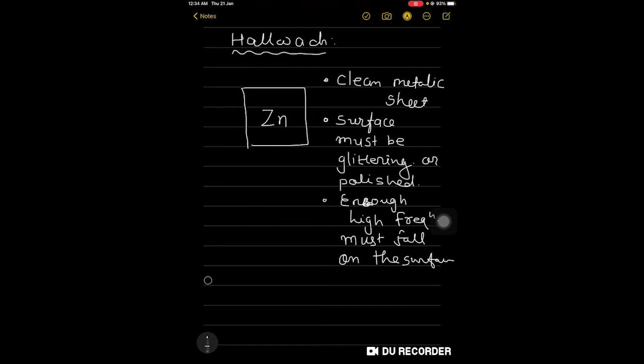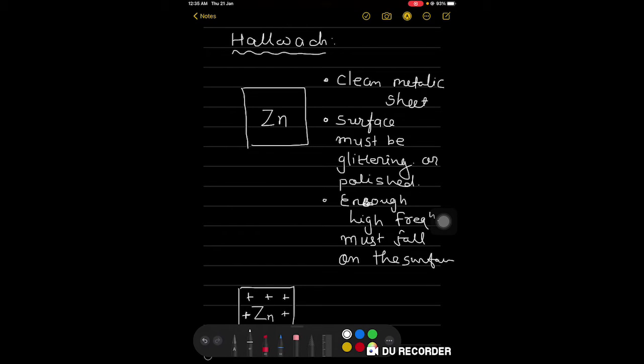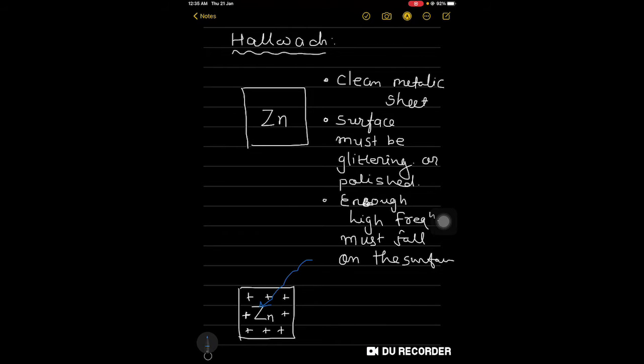First, he made this zinc plate positive. By some arrangement, he made this zinc plate positively charged. Now he applied UV light on it, he incident UV light on that zinc plate.